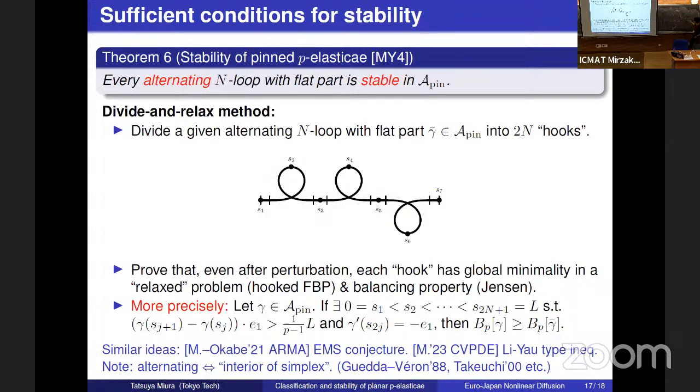And this was indicated by Gueda and Bellon in a classical paper. The stability of those critical points, where stability means dynamical stability for the corresponding parabolic equation, was studied by Takeuchi, Yamada, and so on. In particular, Takeuchi and Yamada proved that in the boundary case, this kind of critical point is always dynamically unstable.